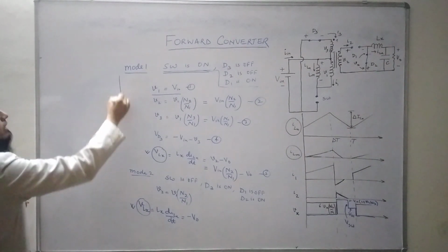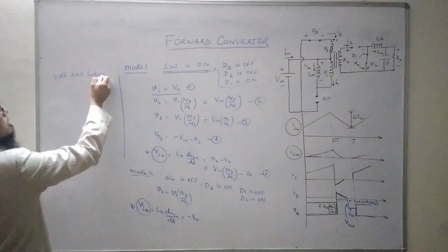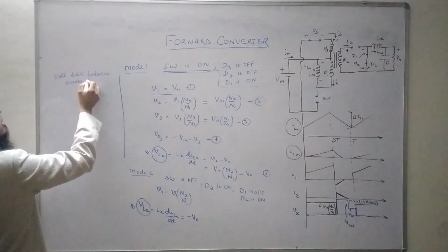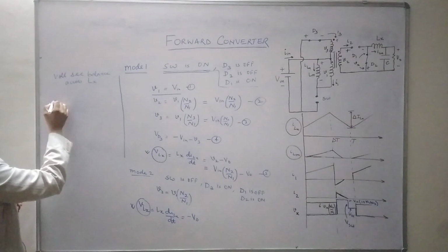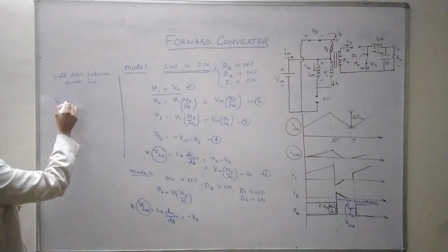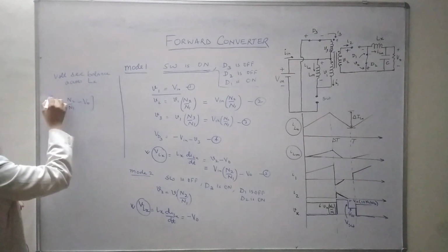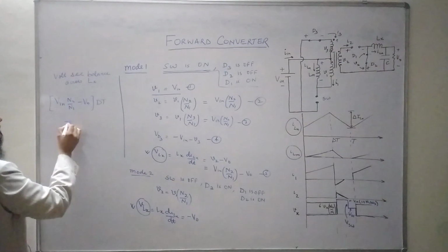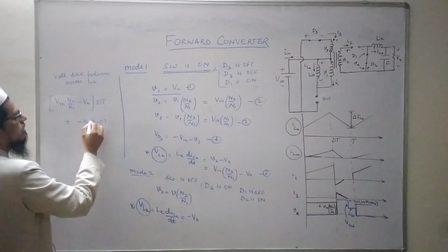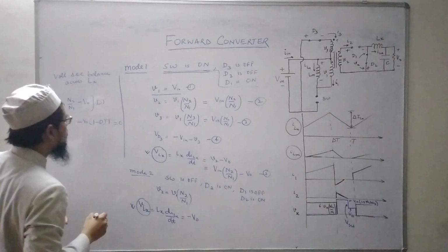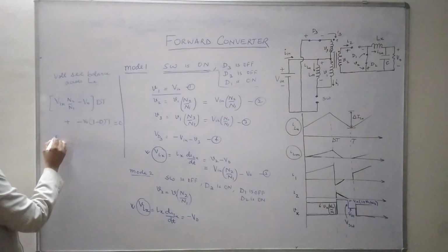So let me do it here. If I apply the volt second balance across Lx, then in mode 1 the voltage across inductor is V in times N2 by N1 minus V naught, and this is for dT duration, plus now it is minus V naught, and this is for 1 minus d T duration, and the sum of the two has to come to 0. So let me open up the brackets.